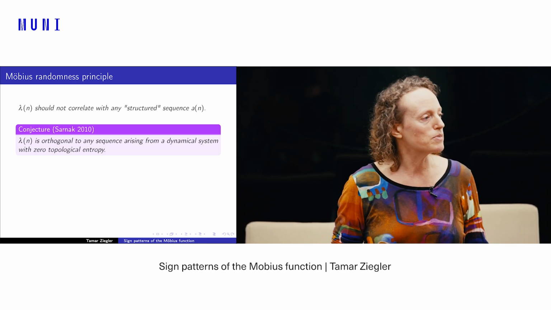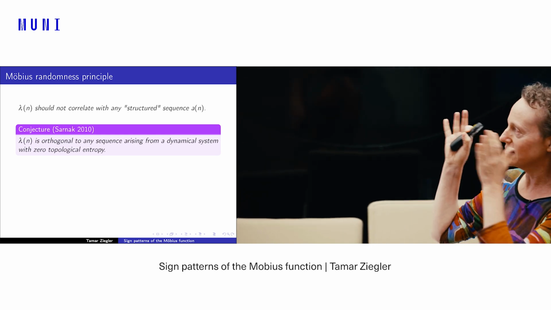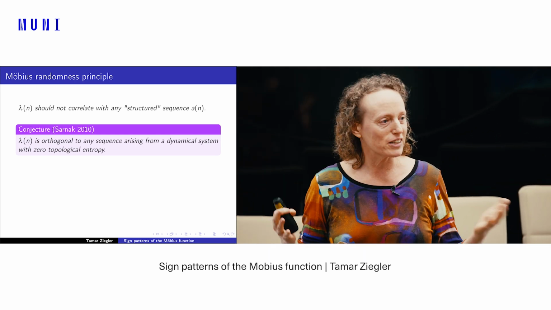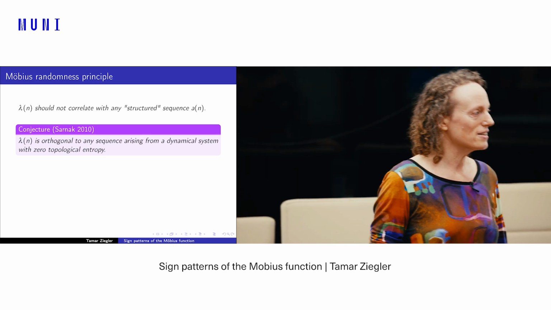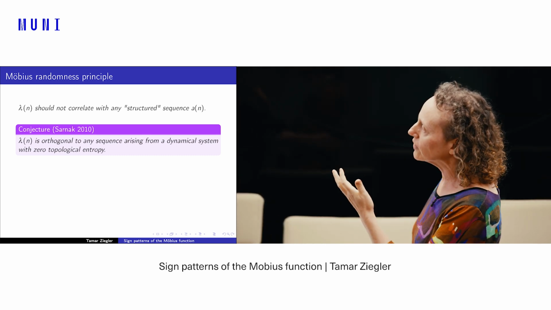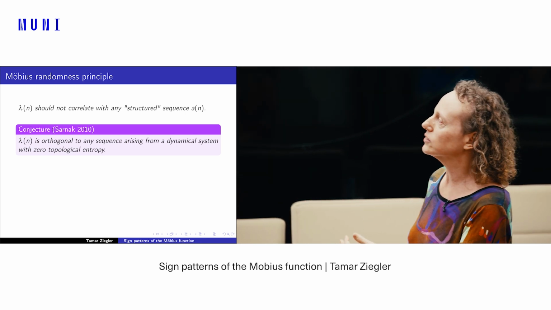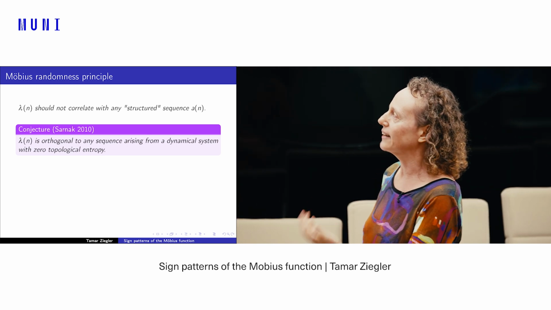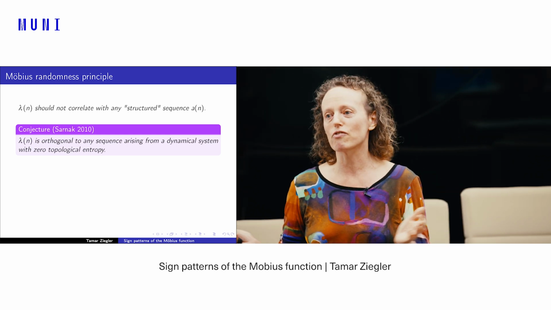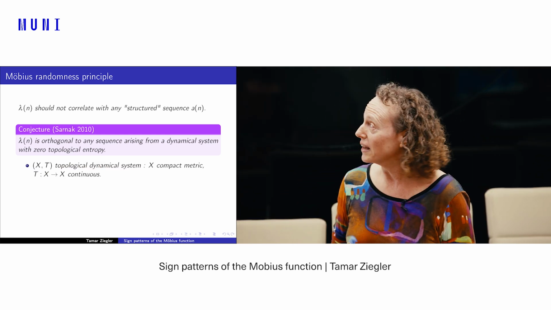These are systems of entropy 0. So let me say it and then explain everything. I at least want you to come out of here understanding what the conjecture is, and then also what we know about it. So the conjecture is that lambda n should be orthogonal to any sequence arising from a dynamical system with 0 topological entropy.